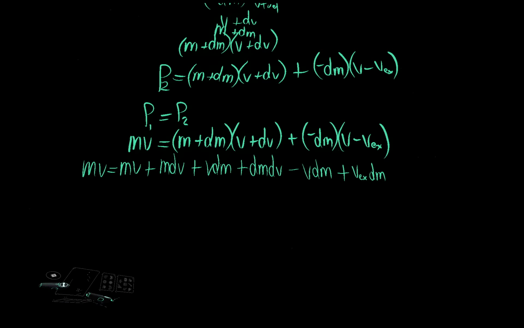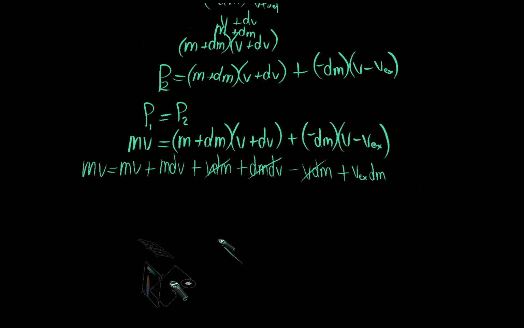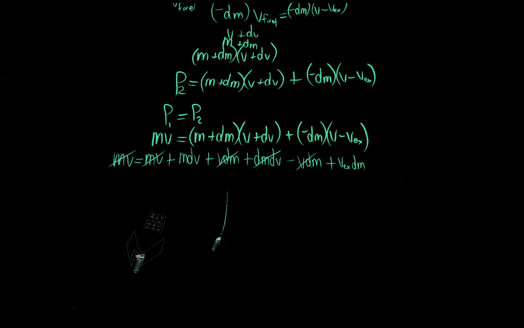And so, what cancels? v dm, v dm. dm dv is a very small quantity, so we can drop that term as well. And the mv terms exist on both sides, so those go away. A lot of stuff cancels here, and all that we're left with is m dv set equal to minus v exhaust dm.